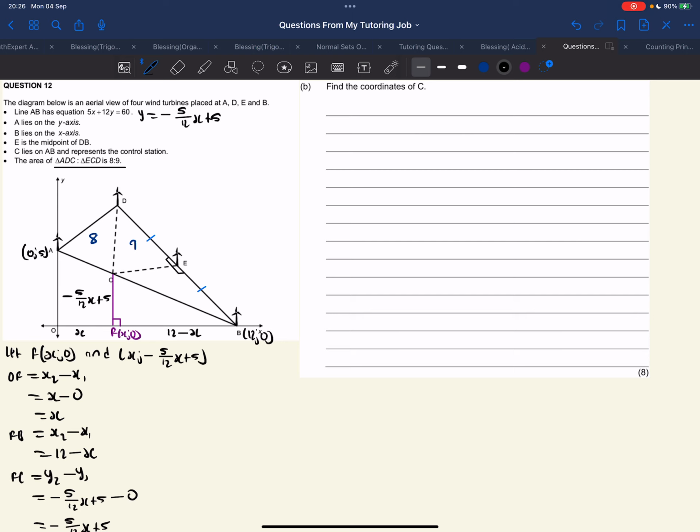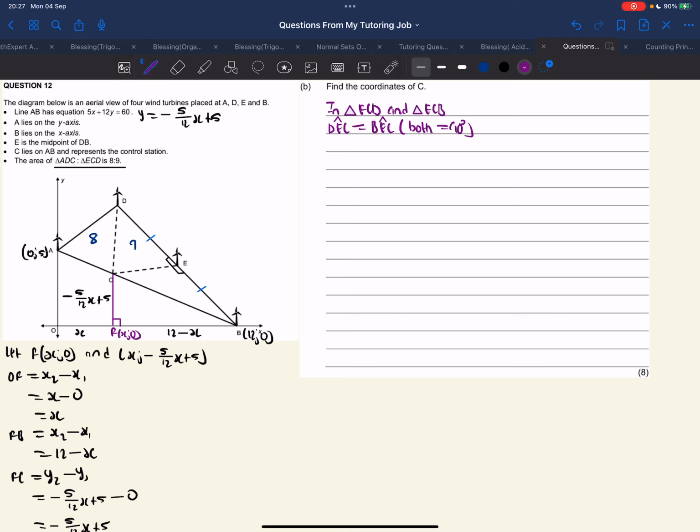So I can now first say that in triangle ECD and triangle ECB, so far I can see that angle DEC is equal to angle BEC, right? And I'm going to say both equal 90 degrees.